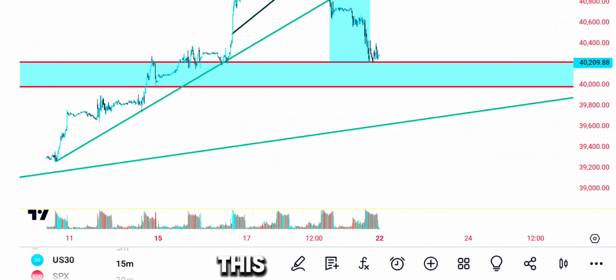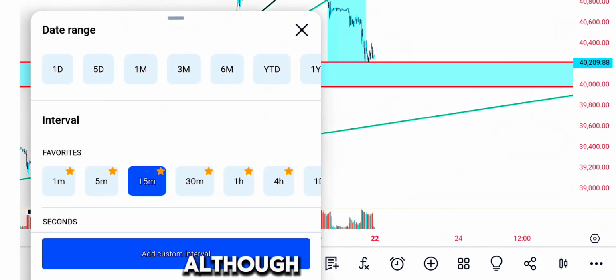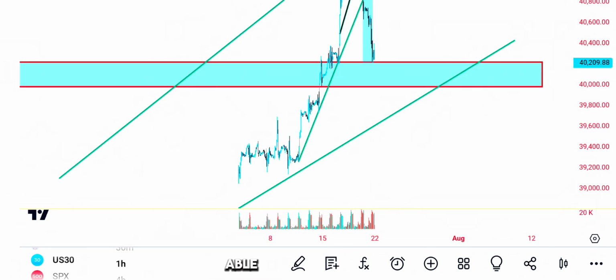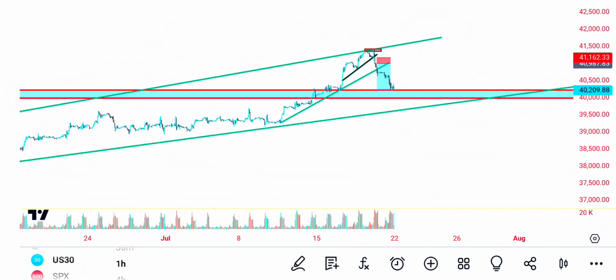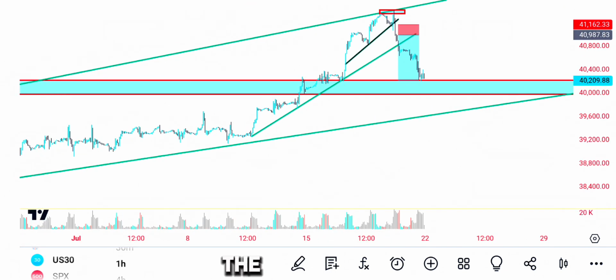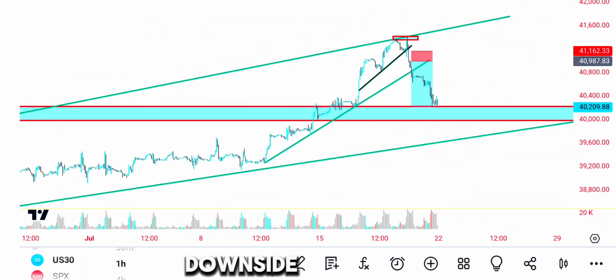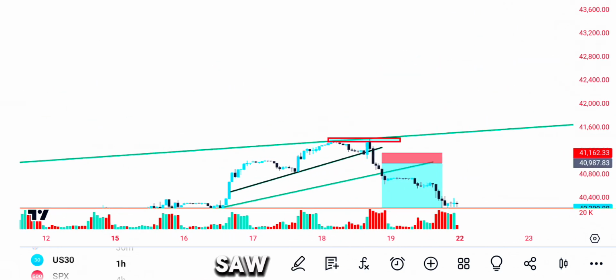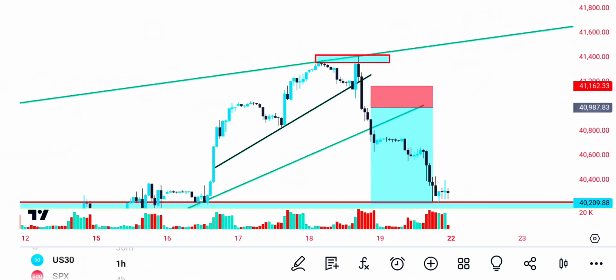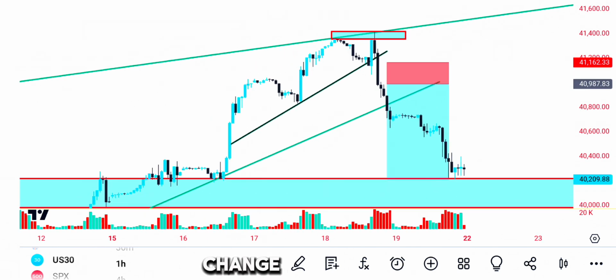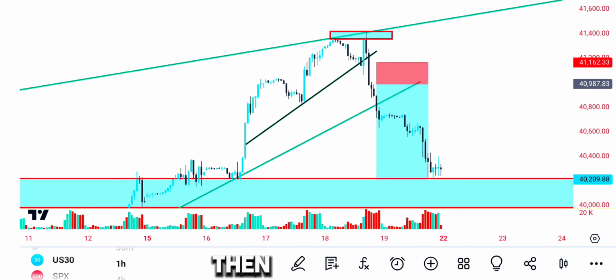This was a really simple trade. Although we were on an uptrend, we were able to catch the retest, right, going to the downside, because remember we saw a double top, right? The market changed structure, and then we were looking for a trend breakout, right?